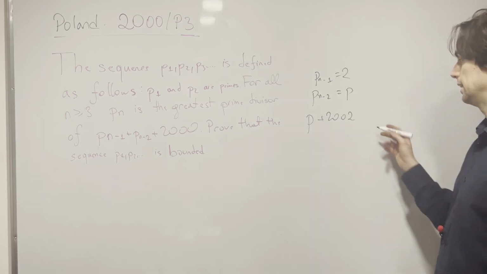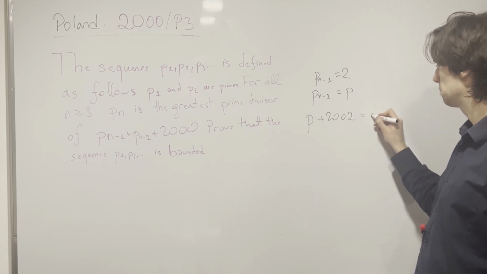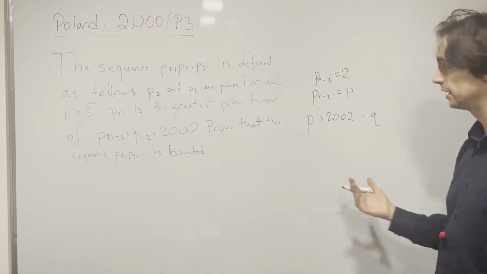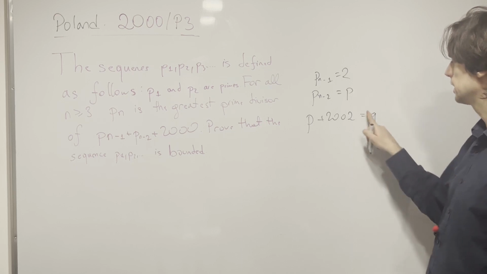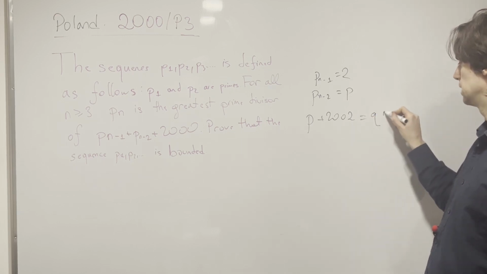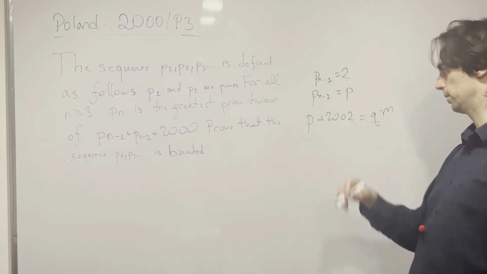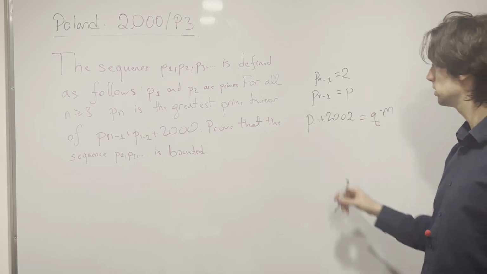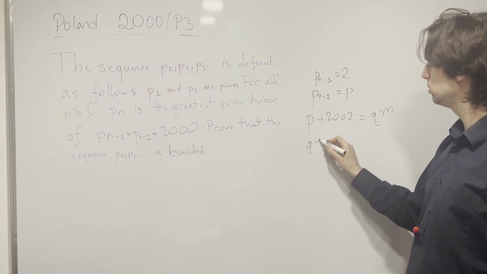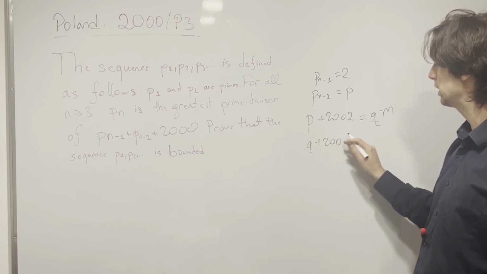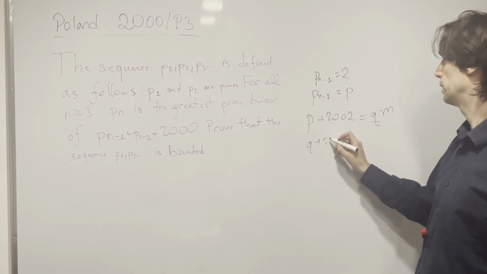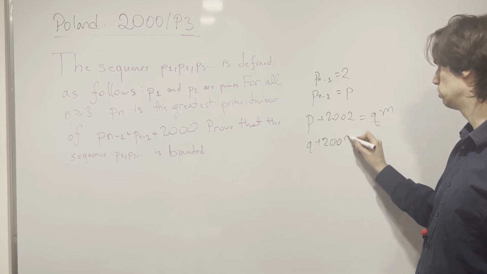This can then be, say, some odd prime number Q. It's definitely not an even one. The greatest prime is this Q times some M, where M isn't prime, or is prime, doesn't matter, but this is the greatest prime divisor. And then we have Q plus 2002.